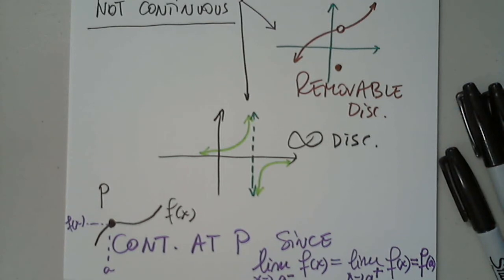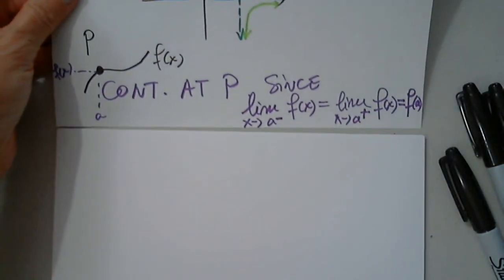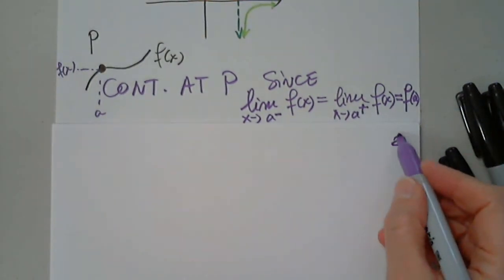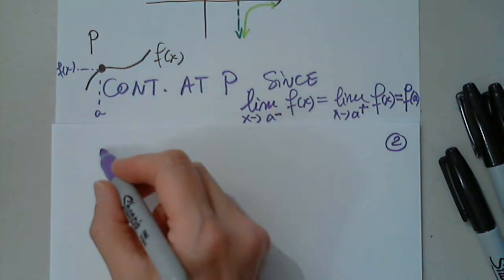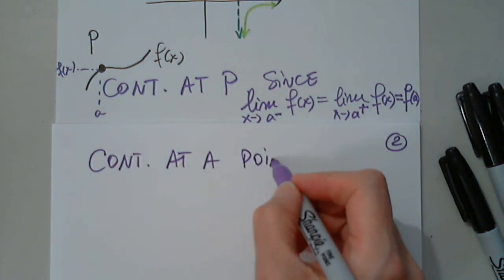I'm going to write it again. I know it's squeezed in that one square inch. So I'm going to write it again, and this is the title of this: continuity at a point.